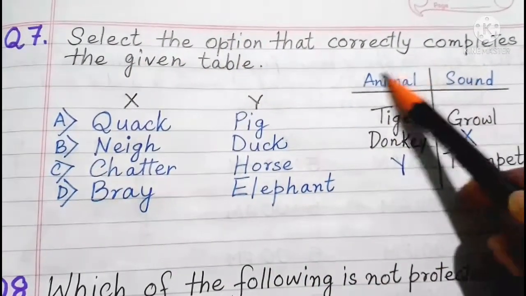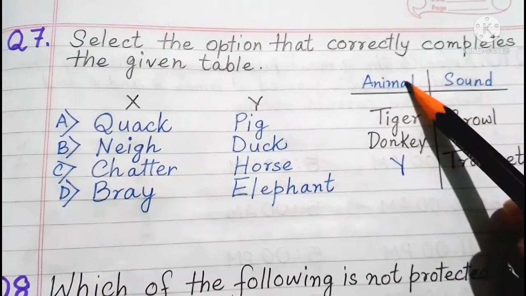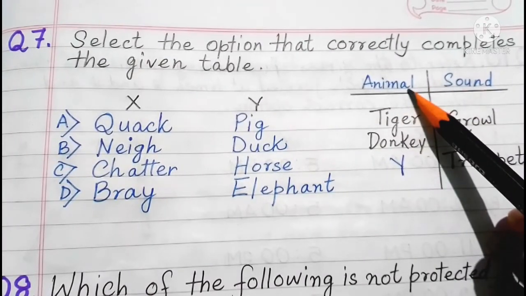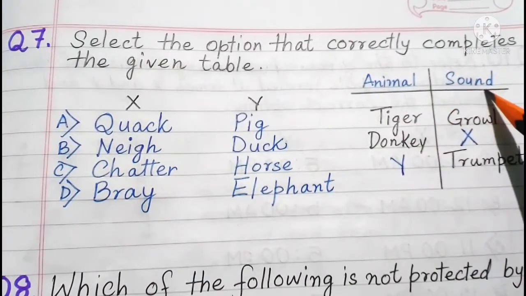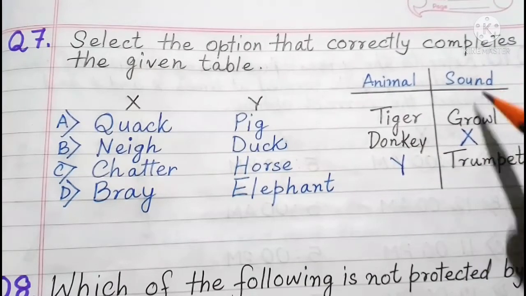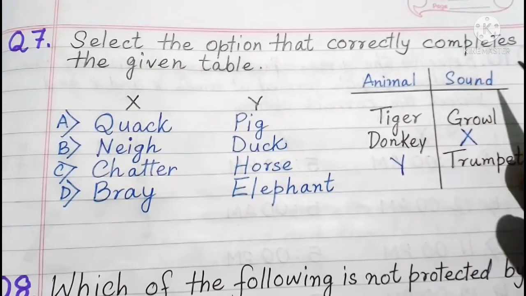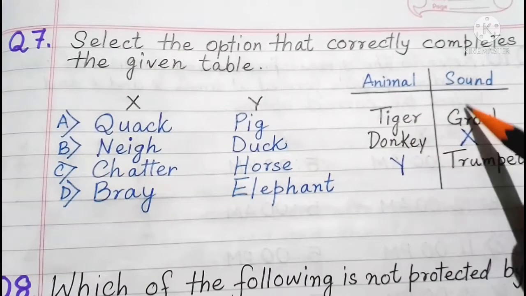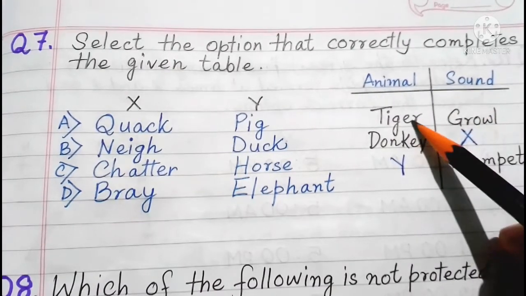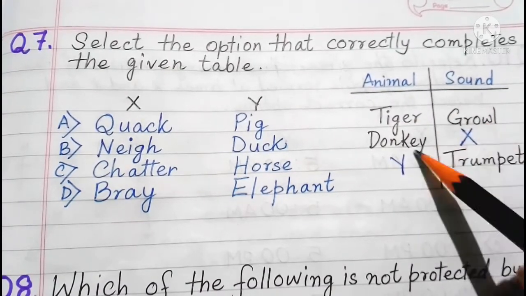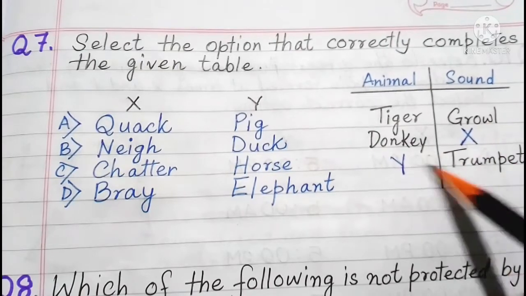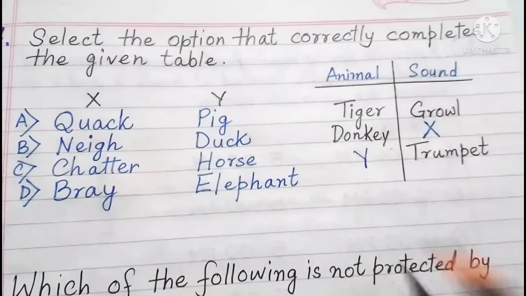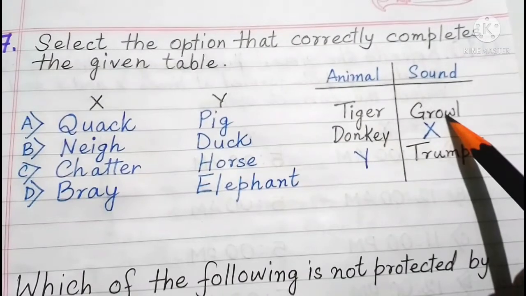Now here is a table given where at the left it is written animal names and animal sounds, the sounds these animals make, on the right side. First is tiger, growl, donkey, X, Y, trumpet. So tiger growls.